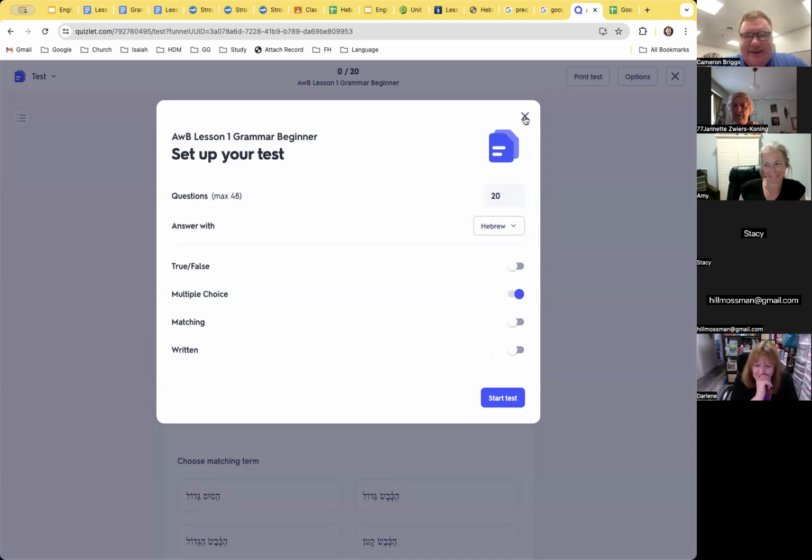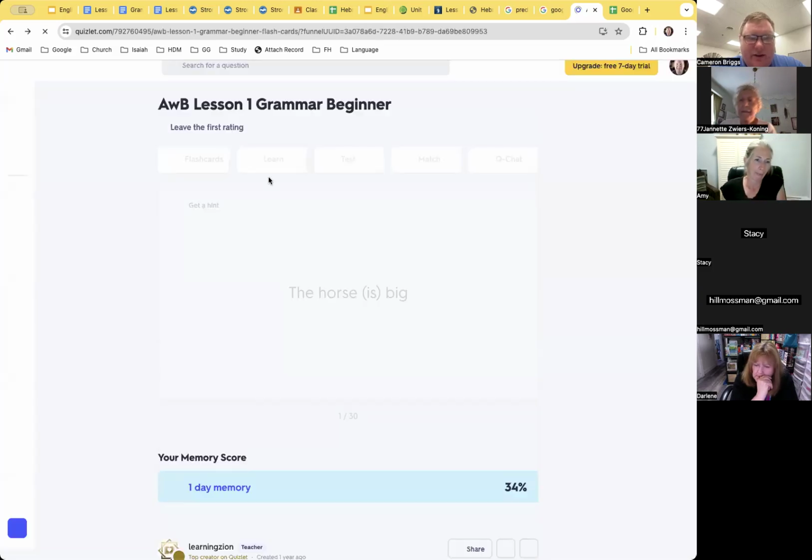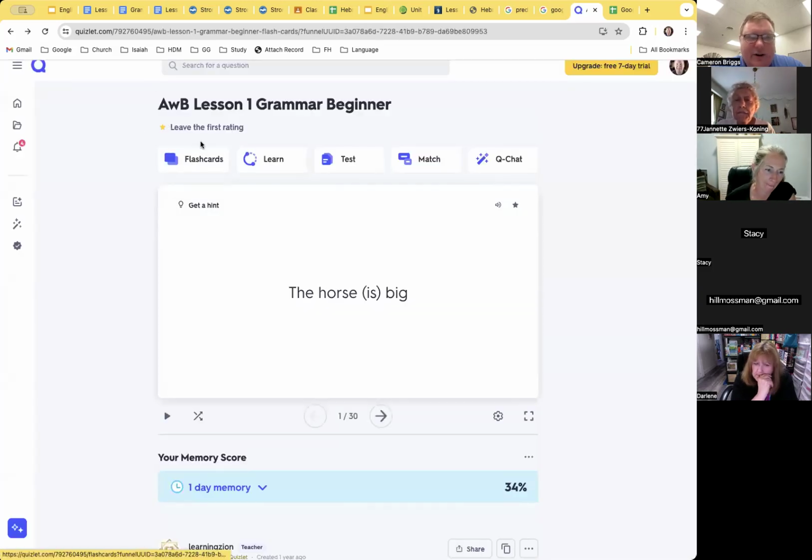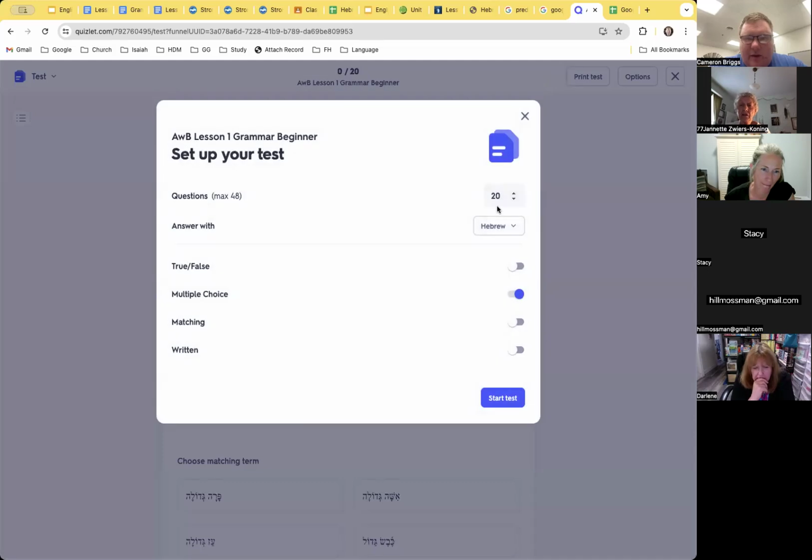No, that's good to point out, because trying to type with vowels and everything is very tricky within Quizlet. There are different ways you can go about studying these. You can do flashcards, test, match, etc. If you are doing the test, what I would personally do is take the written part and unselect that. I usually do true and false and multiple choice.